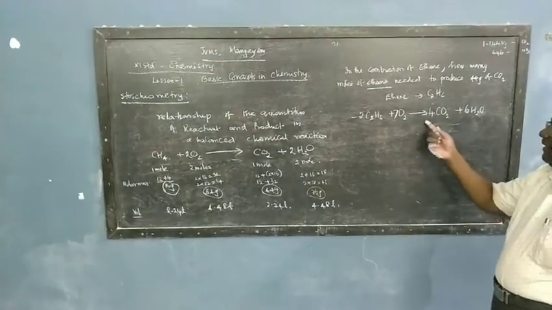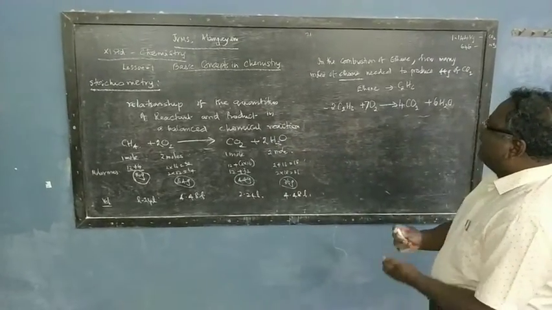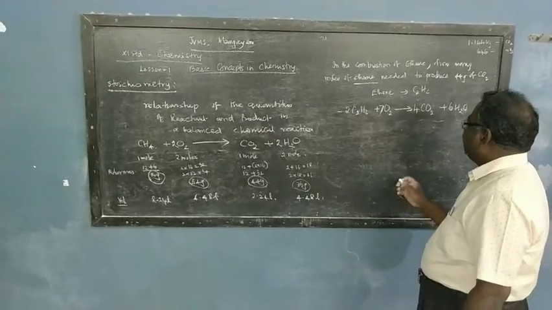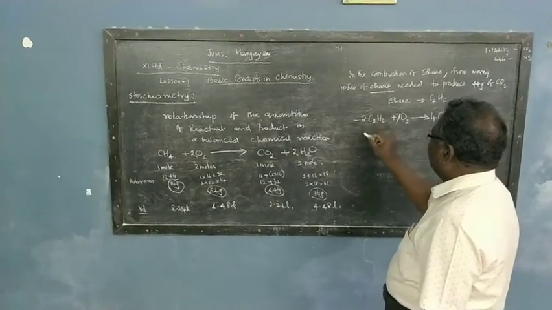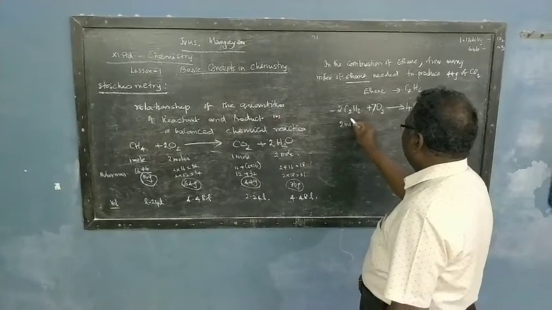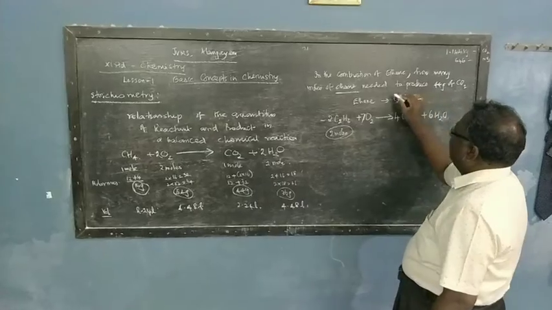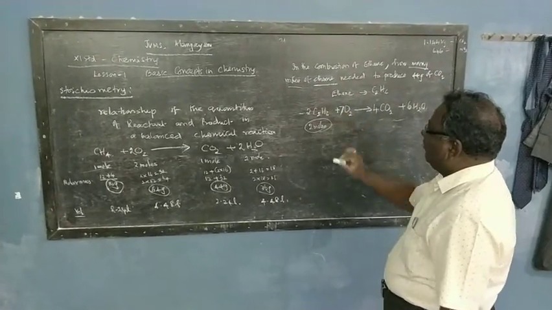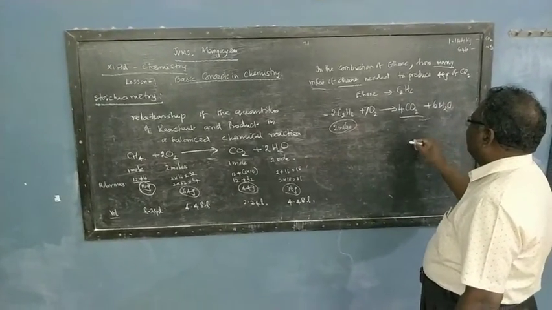So using the balanced chemical equation only the stoichiometric relationship can be done, right? Now what is the number of moles used here? 2 moles, right? Because what is the question asked? The question is asked in moles. How many moles of ethane are needed, and how much carbon dioxide is produced?